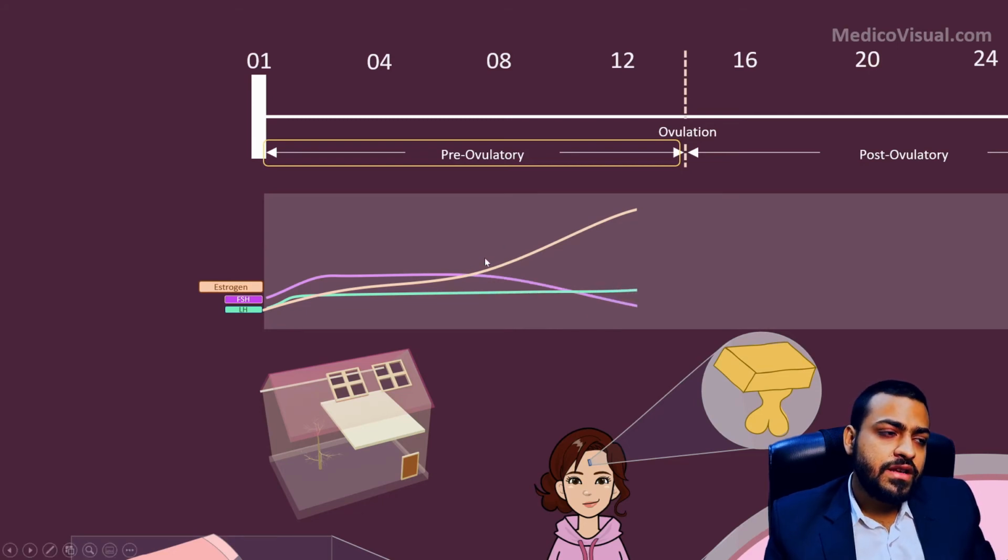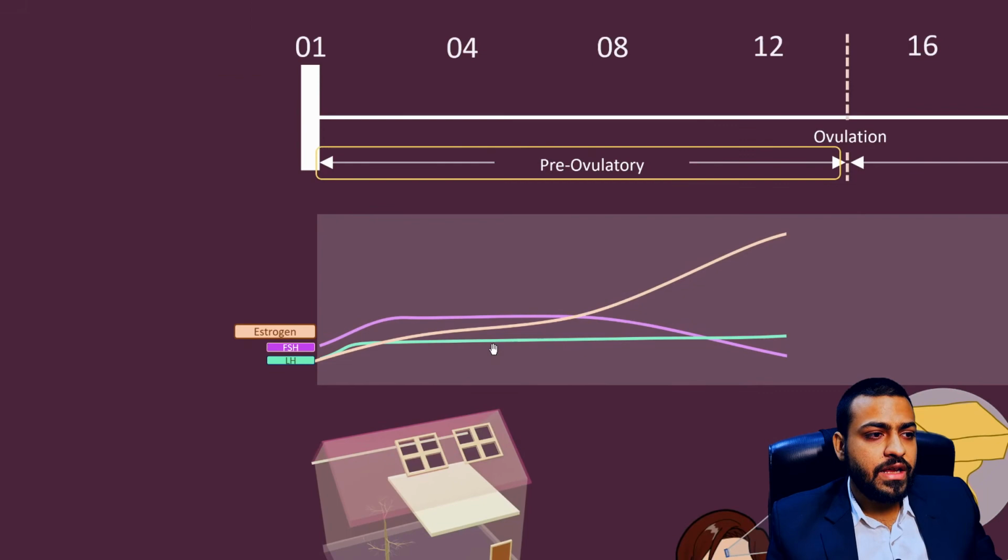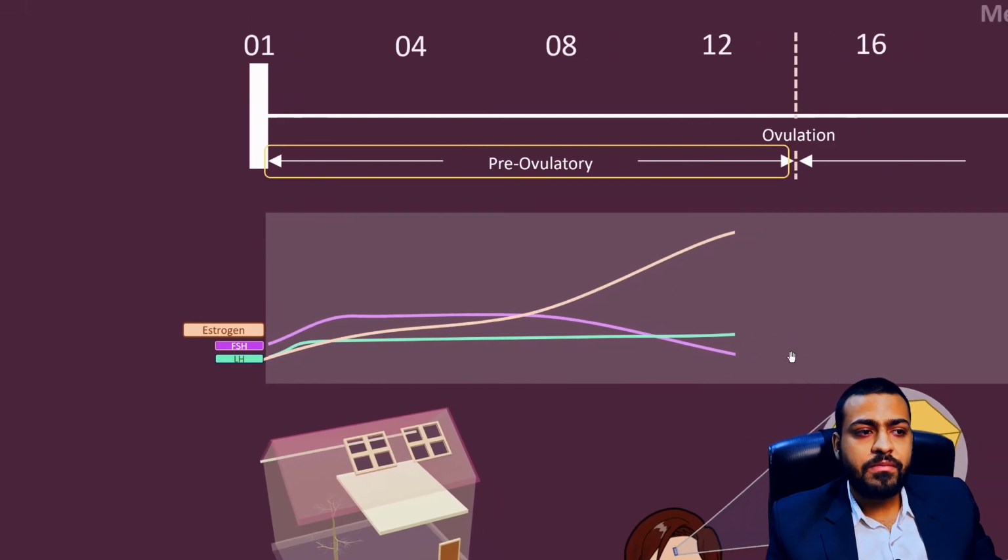So here you can see, as estrogen level rises, FSH levels gradually continue to decline, right? But LH level remains mostly unaffected.